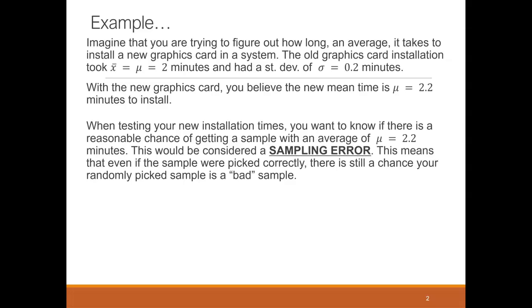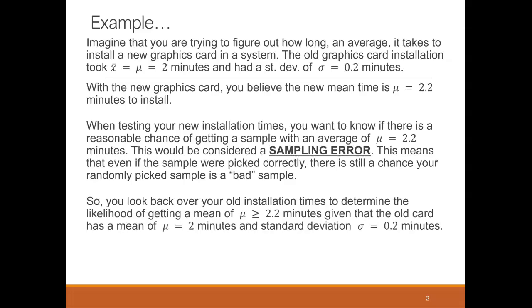Everybody's okay with that idea? Now, we haven't talked about how we're going to do this yet. We'll get to calculating these probabilities eventually, but this is just the motivation for what we're trying to do here.